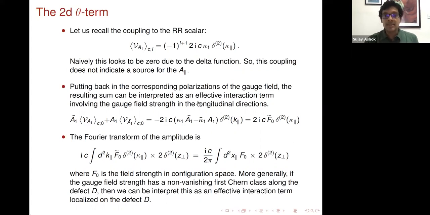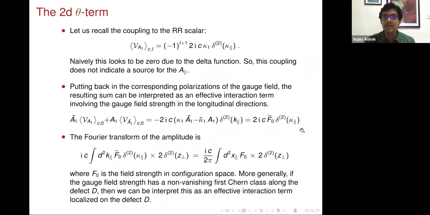But if you think a little bit, you'll find that if you put back in the polarizations of the gauge fields, which we did not do so far, what it's giving me, in fact, is the field strength. So if you had a constant field strength turned on the D brane, then you find that this interaction is non-zero.